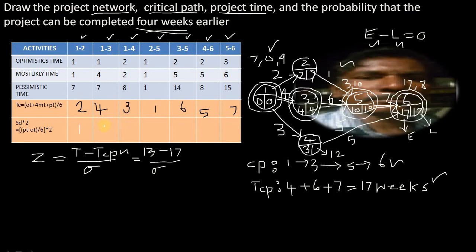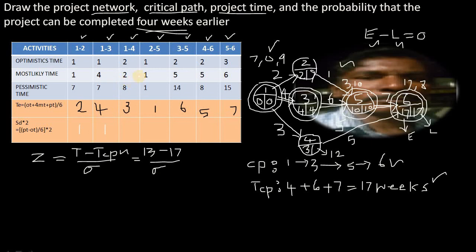Similarly, for the second activity, the pessimistic time is 7 minus optimistic time 1, which is 6. 6 by 6 is 1, and 1 square is 1.